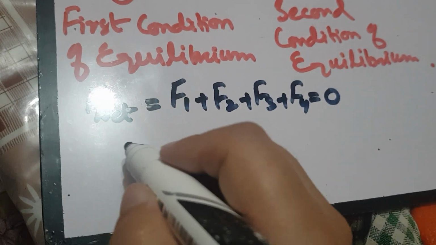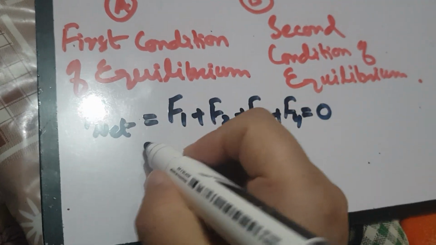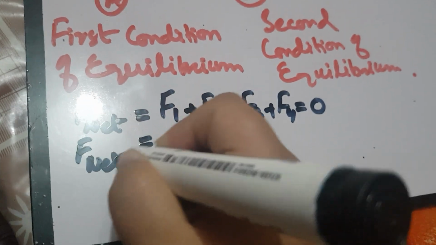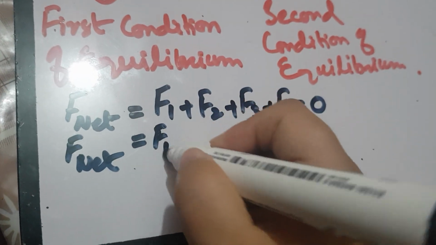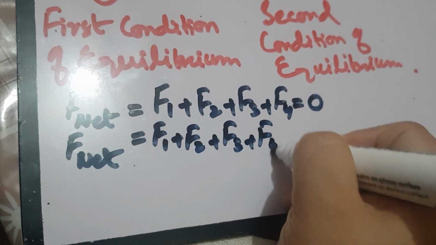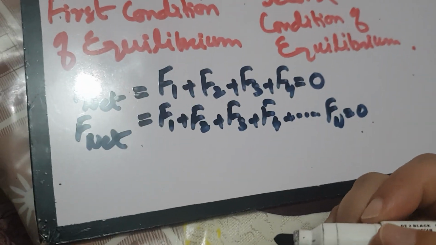If there are more than 4 forces, you can use the same logic: F1 plus F2 plus F3 plus F4 and so on up to Fn, and it must be equal to 0.